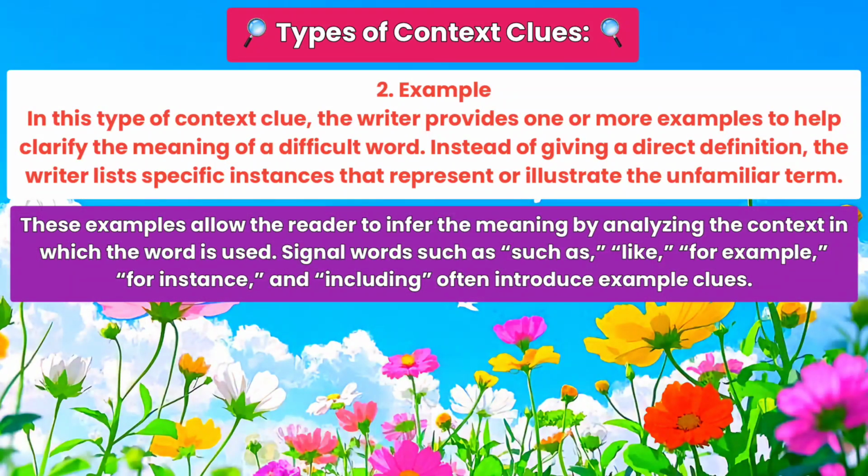These examples allow the reader to infer the meaning by analyzing the context in which the word is used. Signal words such as, like, for example, for instance, and including often introduce example clues.